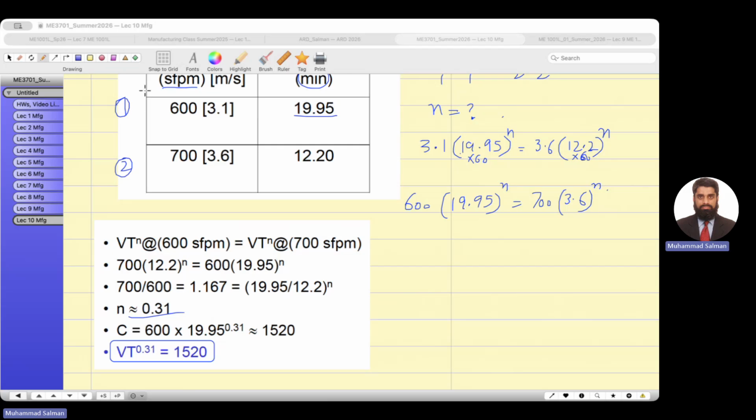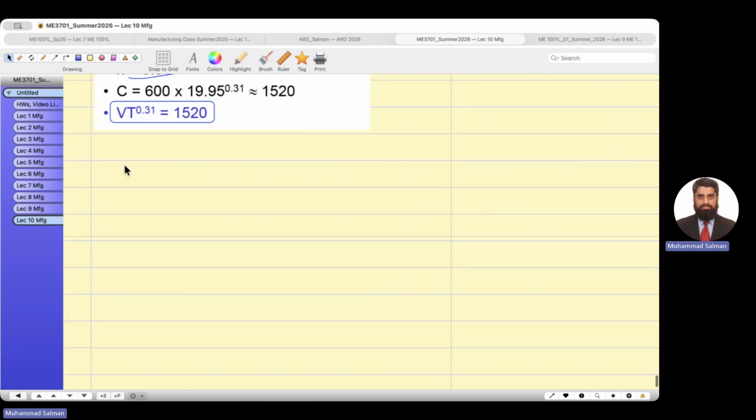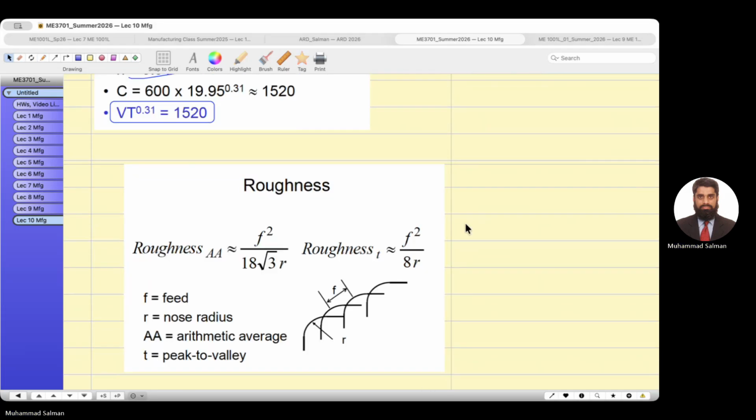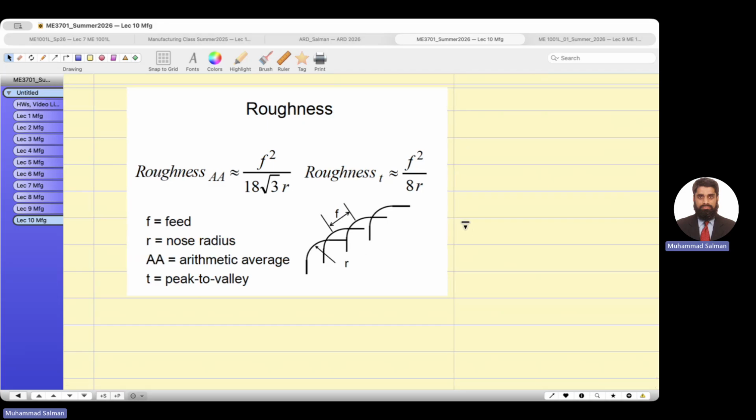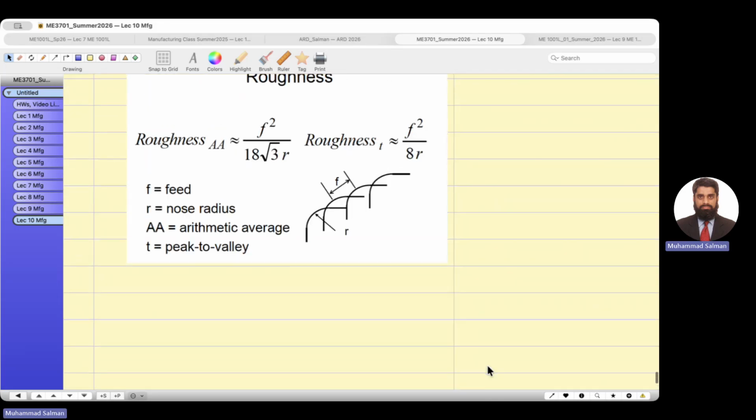Yes, another important formula is the surface roughness. When you cut the workpiece, it has marks of roughness at the micron level, micrometer. There are two types of roughness: one is the average, one is the peak to peak.